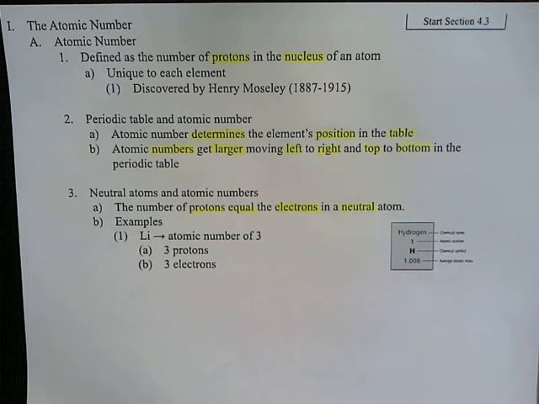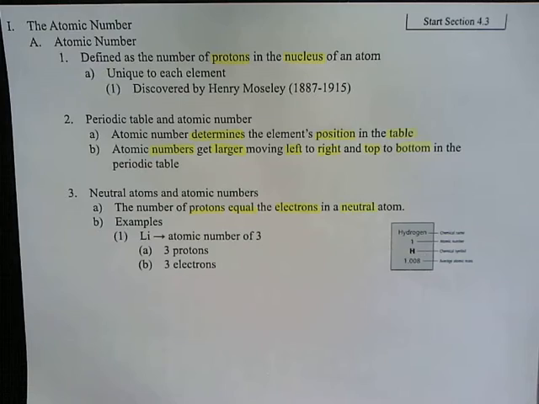The atomic number is defined as the number of protons in the nucleus. And you'll see this was found by a gentleman by the name of Henry Moseley. He'll come into play when we start talking about the periodic table a little bit more in depth and in detail. But this atomic number, which is equal to the number of protons, is going to determine where that element is in the periodic table.